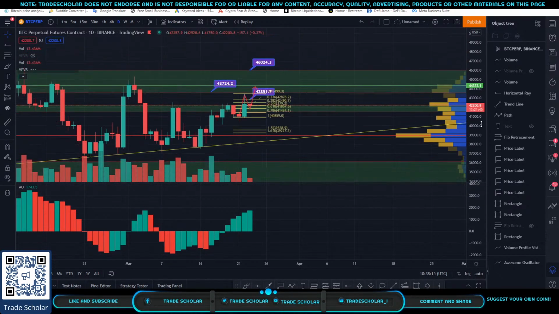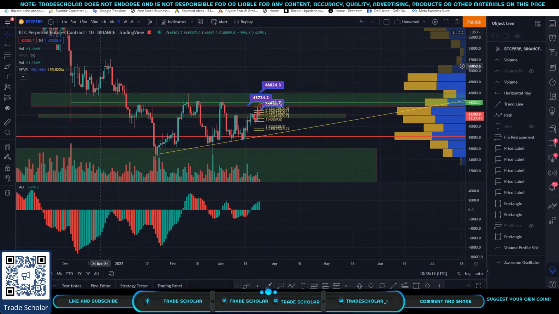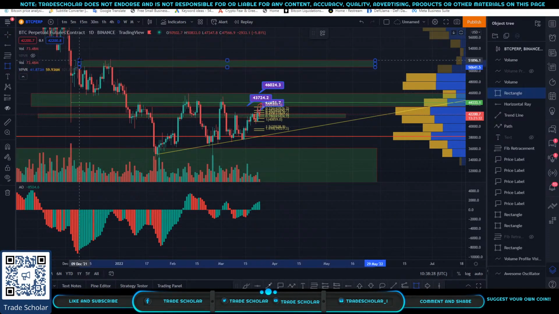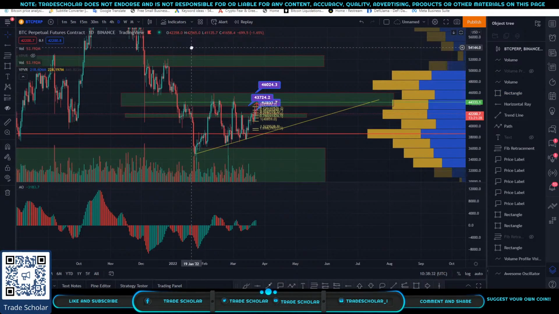If you look at it this way, let me draw a box. This one right here is the supply area. Every time it touches here, it drops.